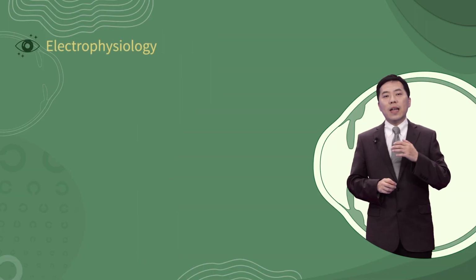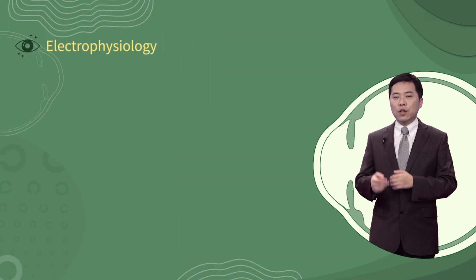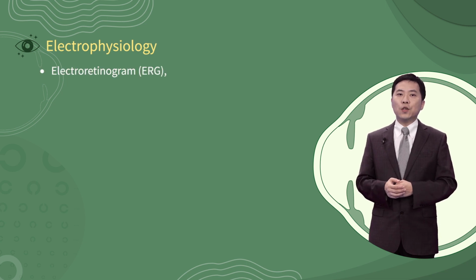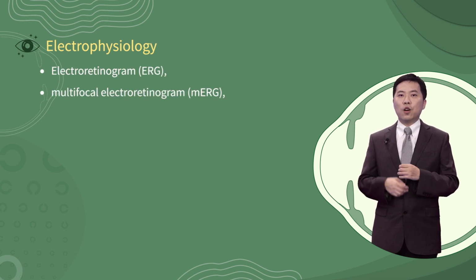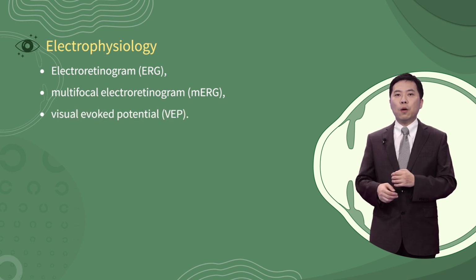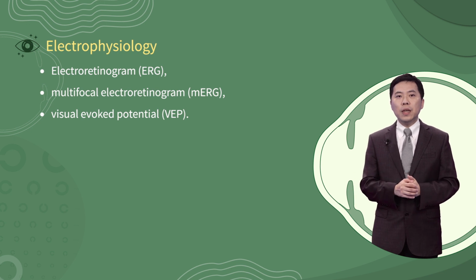Visual function can be assessed by psychophysical measures such as visual acuity and visual field, which require getting response from the patient, and electrophysiological techniques, which are objective tests. There are several electrophysiological modalities: electroretinogram (ERG), multifocal electroretinogram (mfERG), and visual evoked potential (VEP).